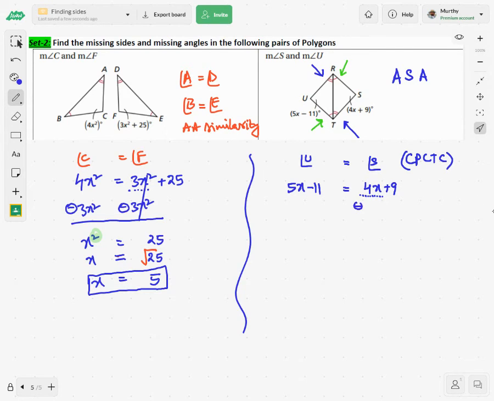So let me take away 4x on both sides. So 5x minus 4x, I get 1x or x. x minus 11 equals 9. We go for the inverse operation by taking the opposite, which is positive 11. Then the value of x equals 9 plus 11, that is 20.